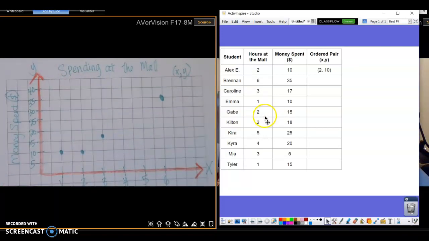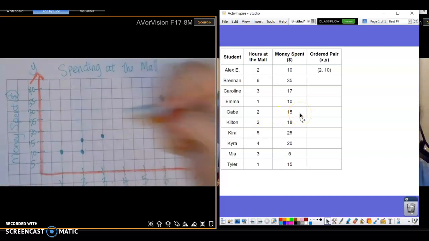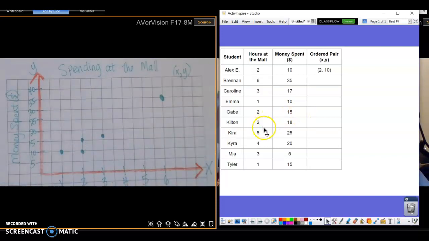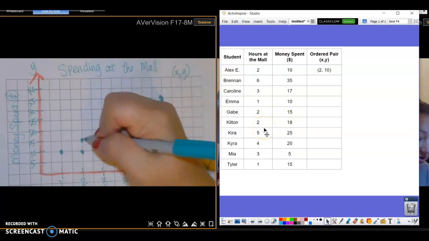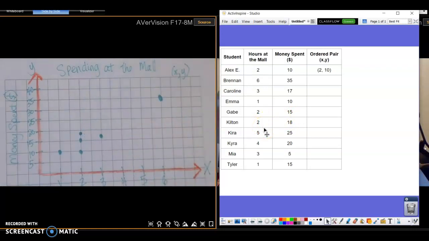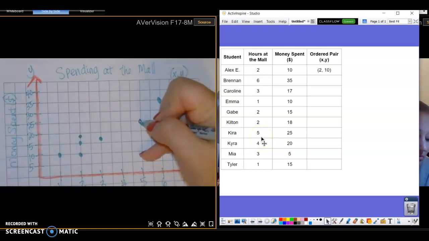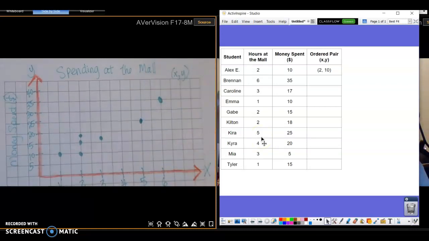Gabe spent 2 hours at the mall and $15. Kilton, 2 hours and $18, so it's going to be a little bit above Gabe's dot. Kira spent 5 hours and $25.